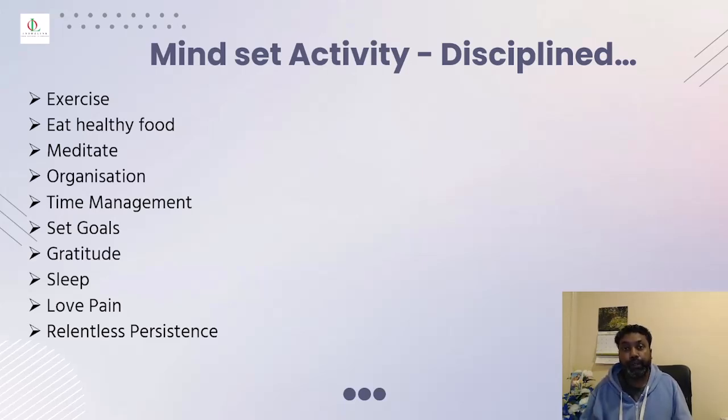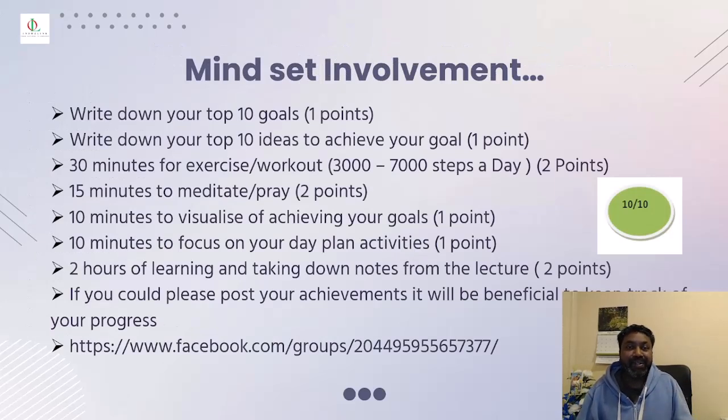Don't stop at any stage, because every day is a learning curve for you. We get to learn something new every day, even if it is a small thing. It's good, but don't lose your persistence. These are all the mindset activities that I would like you to follow from now on, and that will eventually make you change and be a more active person. And the usual mindset involvement.